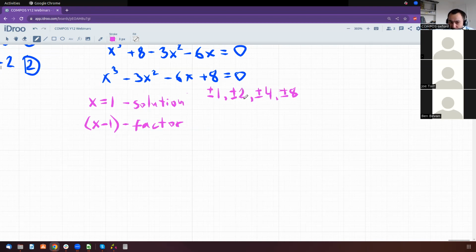You can use long division. That's a good question: how do we know? If it has an integer solution, it must be a factor of the term without x.